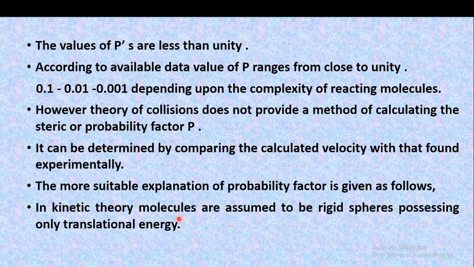In the kinetic theory of gases, molecules are assumed to be rigid spheres possessing only translational energy, with no vibrational or rotational energy. If the molecule is rigid, no rotation or vibration takes place, so it only has translational energy.